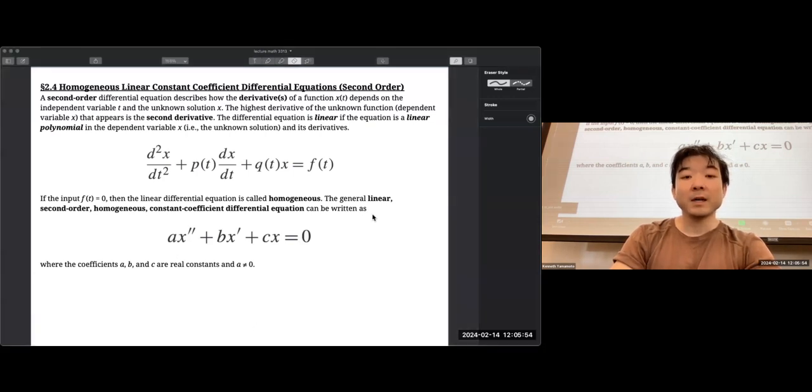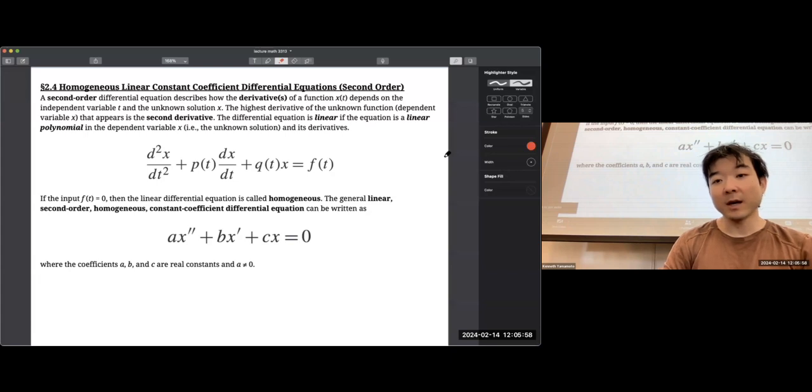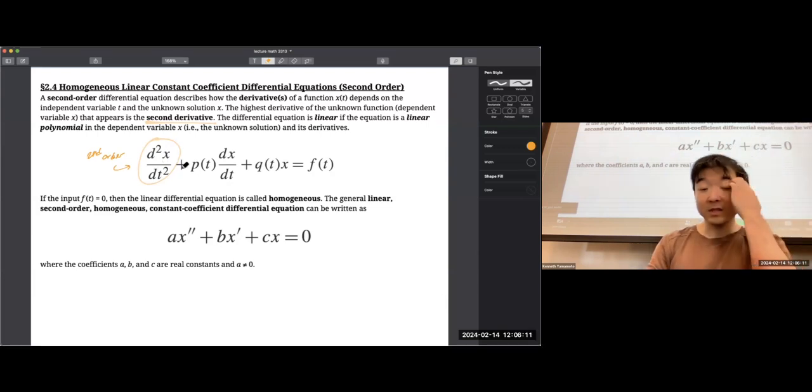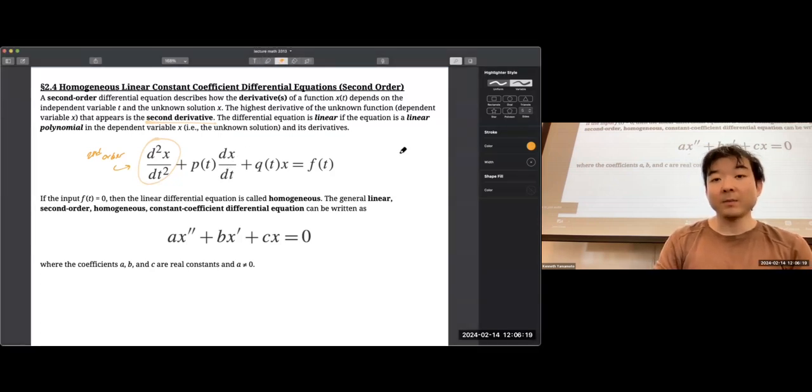We know that this is second order because we see here that there's a second derivative in the equation. This second derivative is what makes it second order. We talked about this at the beginning of the semester, but having a second derivative instead of just a first derivative makes this a second order differential equation, and we still want to keep the equation linear.